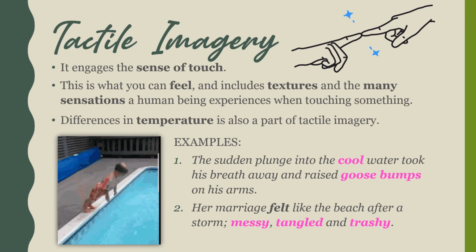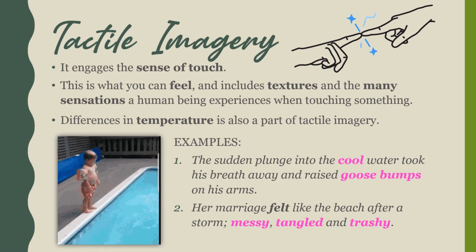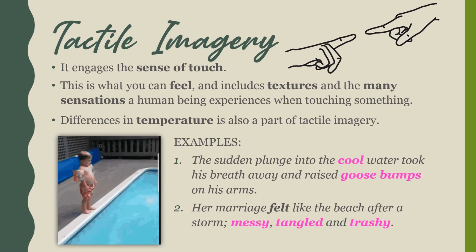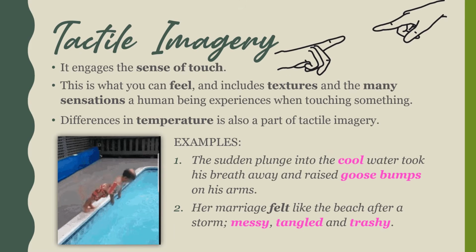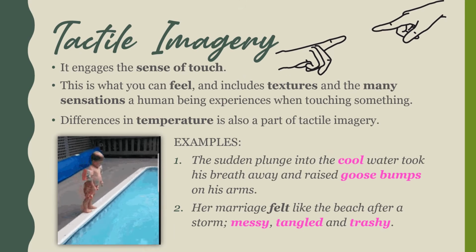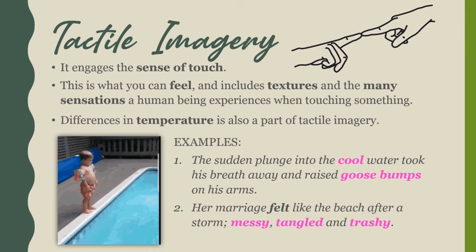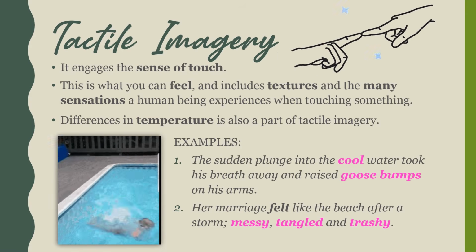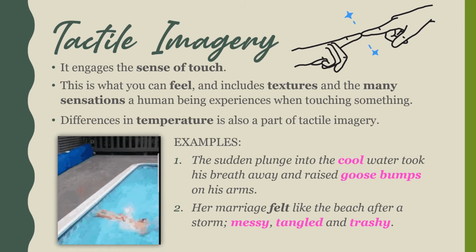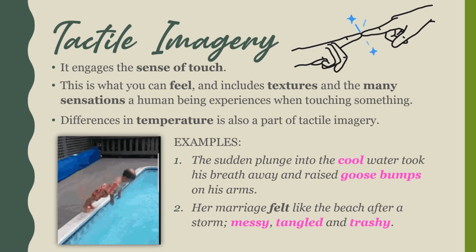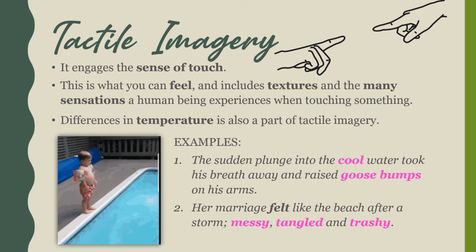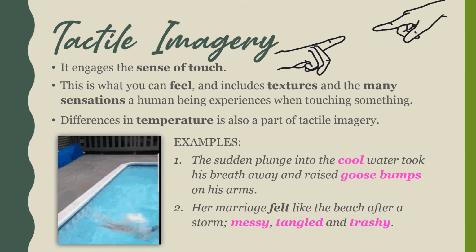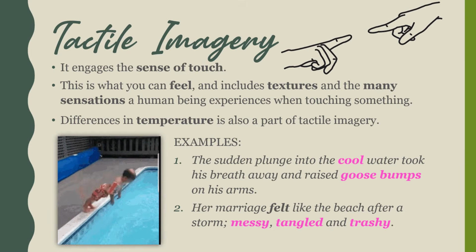The second sentence made use of adjectives to describe feeling. These terms connote that the marriage is unhealthy because they are all pertaining to something negative, which is compared to a beach after a storm. Based on these examples, tactile imagery does not just refer to physical sensation, but can also appeal to human emotions.